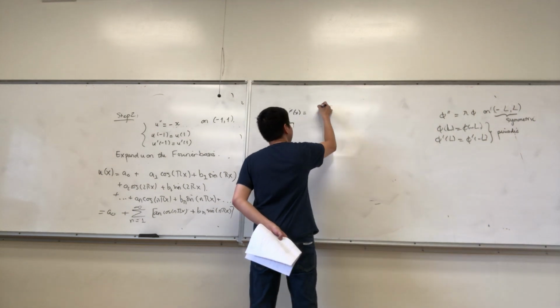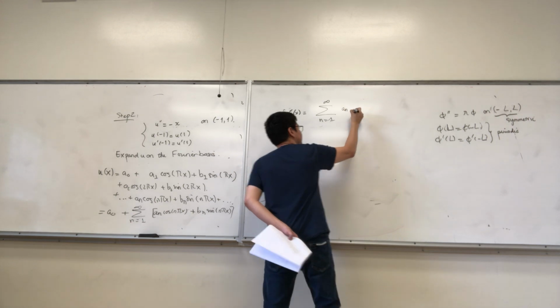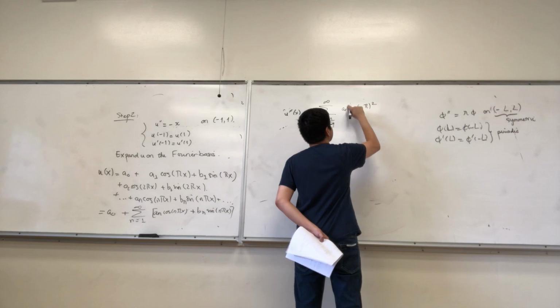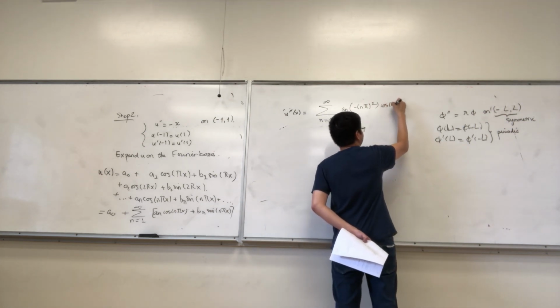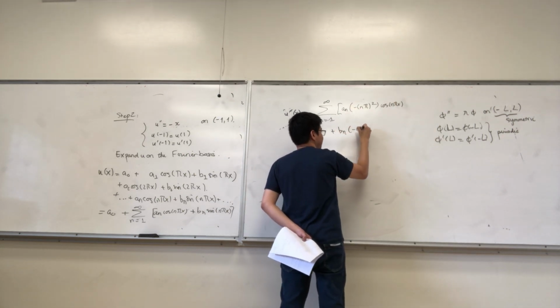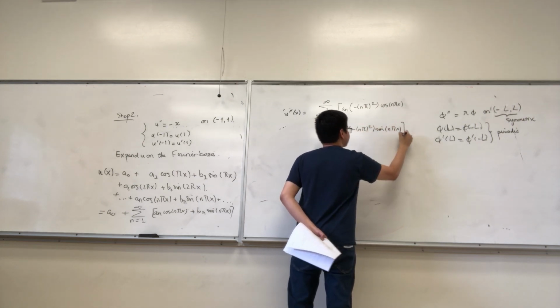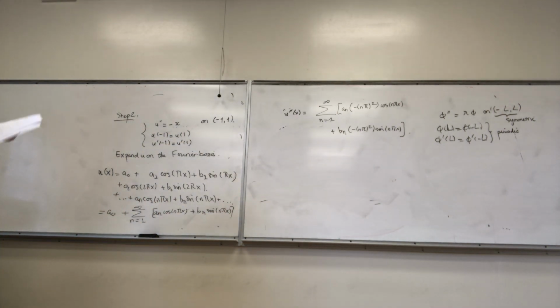So this is going to give you the sum, when n is going from 1 to infinity, of an times minus n pi squared cosine n pi x plus bn times minus n pi squared sine n pi x. So when you take the second derivative, you multiply each coefficient by the eigenvalue.